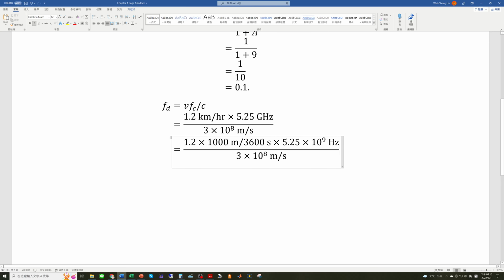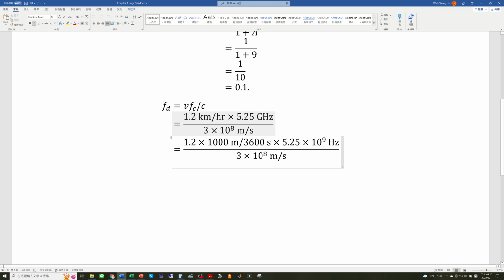So now we need to convert the units. For the unit of length, we want to convert to meters, and for the unit of time, we want to convert to seconds. We must convert the unit of frequency to Hertz.